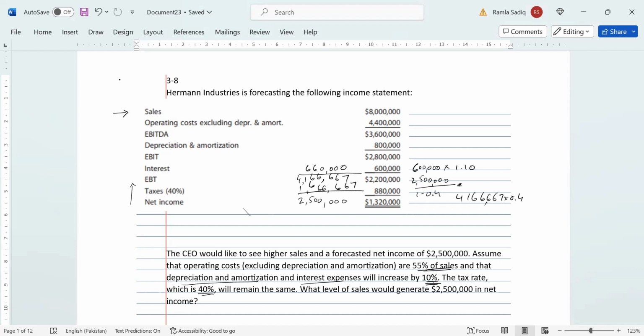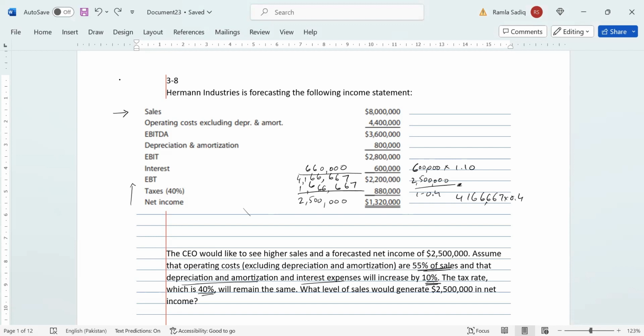Going up to EBIT, to calculate EBIT, we'll take interest over to the other side. So that means we'll have EBT plus interest, so 2,200,000 plus 600,000. My apologies, I was using the old numbers. I need to use my new numbers from the ones that I was calculating for this particular question.